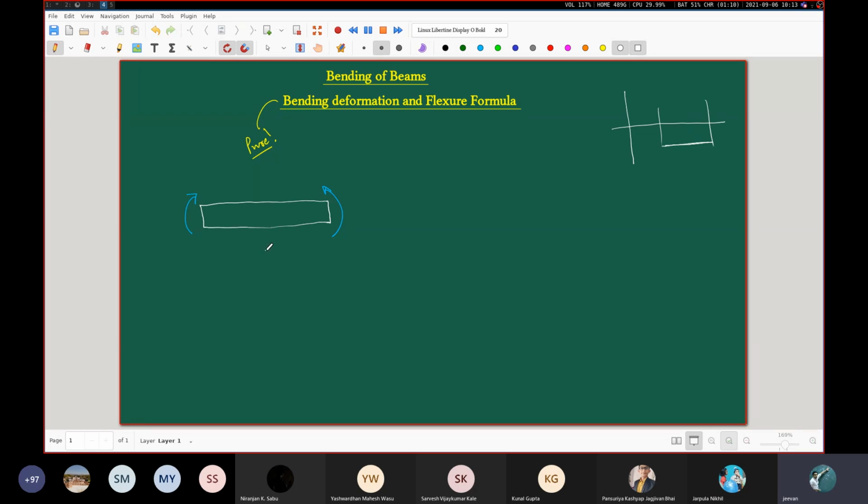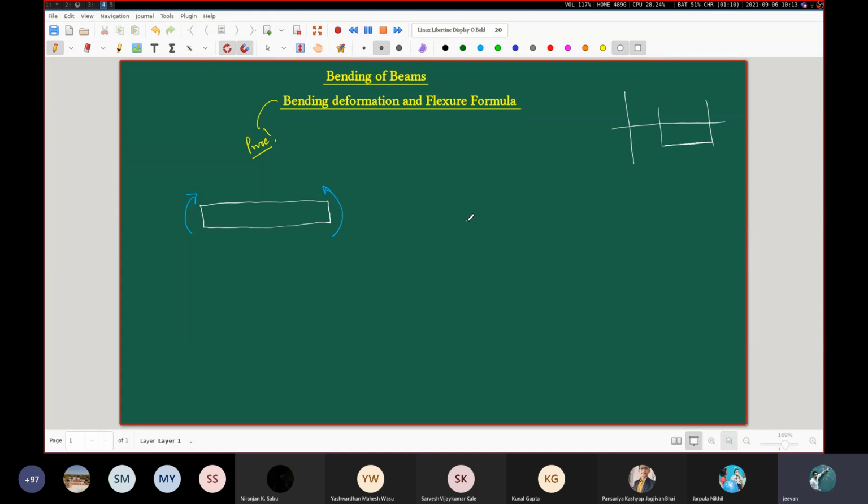Next question is, as I have told you earlier, our whole focus this week has to do with the connection between the stresses and the bending moment. So let us try to draw a cross section, keeping in mind that we want to address the simplest possible situation.